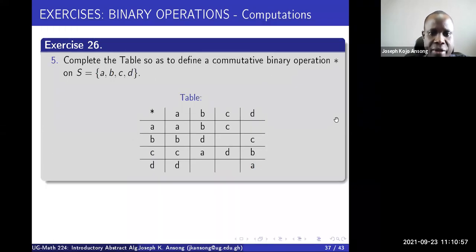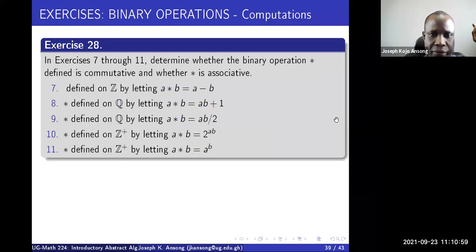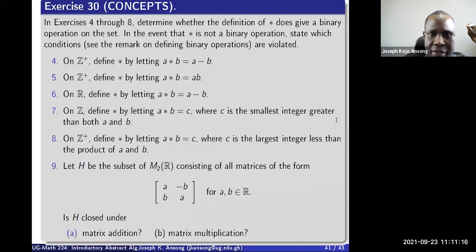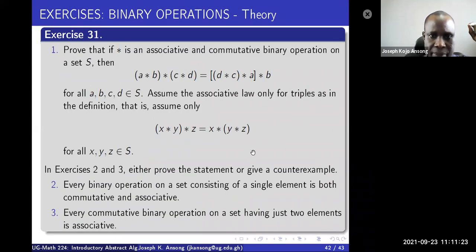It's another table that you can fill. Determine whether the binary operation defined is commutative and whether it is associative. So pick elements from the set and see whether it's commutative. So you should be able to do that.